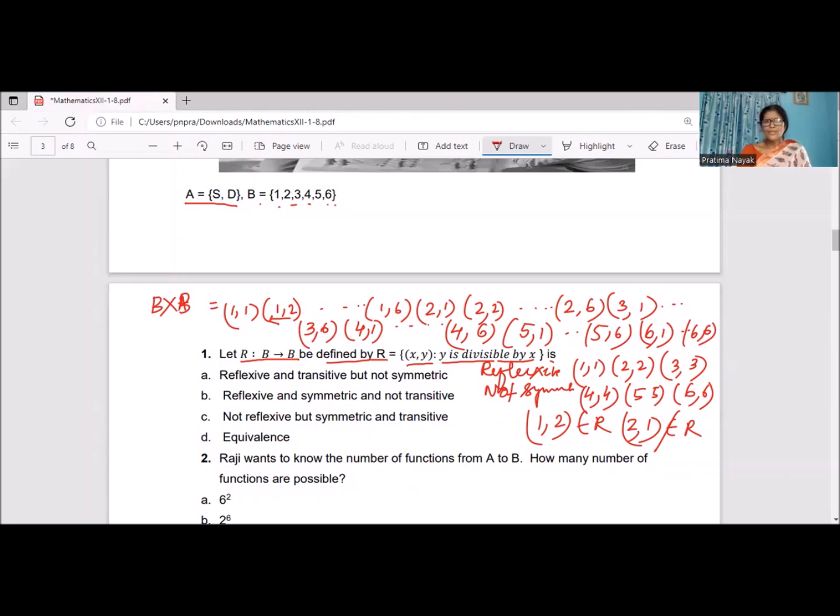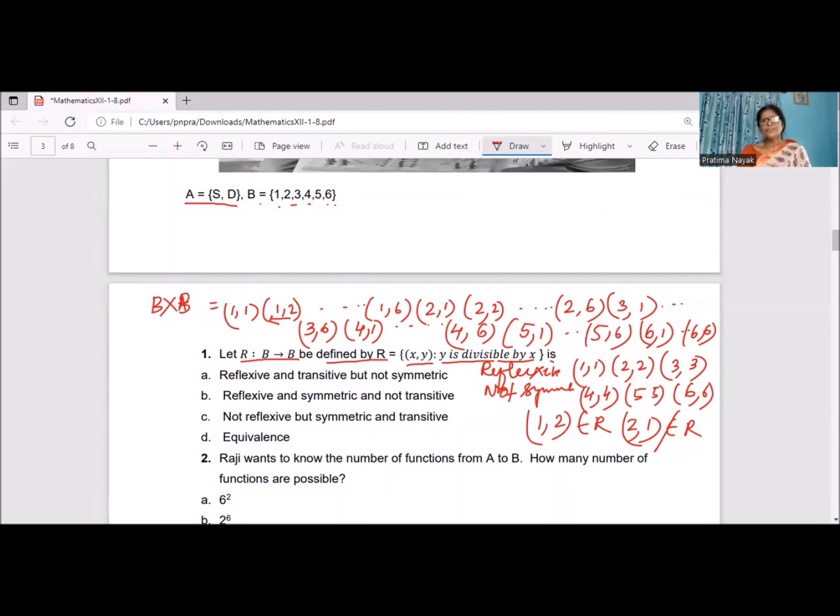So which option is there? Out of these, instead of going for transitive, you can select the option which is correct: reflexive and transitive but not symmetric. Here it is reflexive and symmetric, so which one will I select? I'll select A. Let us check transitive also.